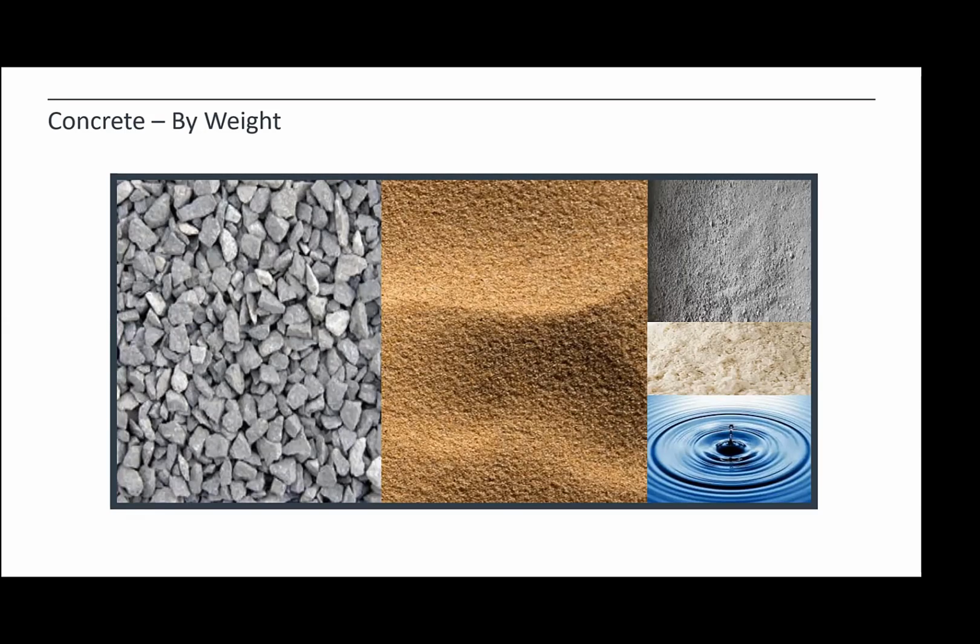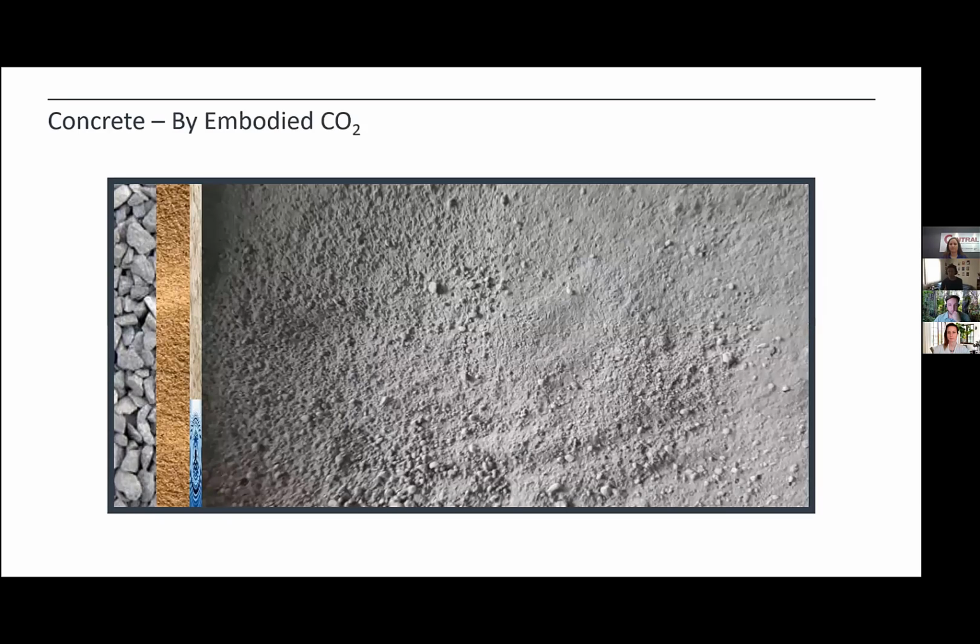The white I'm representing is some SCM and the water. But, as Jill said, one thing contributes disproportionately to the CO2, and that's the cement. Things can be done with different types of cement, but the cement is the piece that really dominates the CO2 of the concrete.